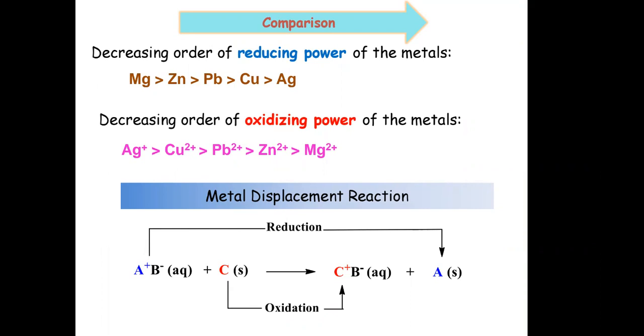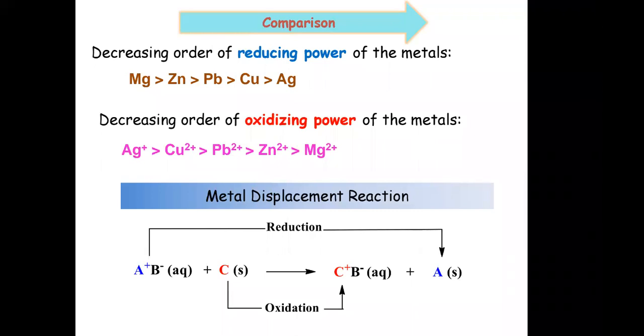In this reaction, AB is an ionic aqueous salt, where A plus is a metal ion and B minus is the corresponding anion. It is totally soluble in water. It is an ionic compound and aqueous salt. C is in elemental state, and C is particularly a metal.